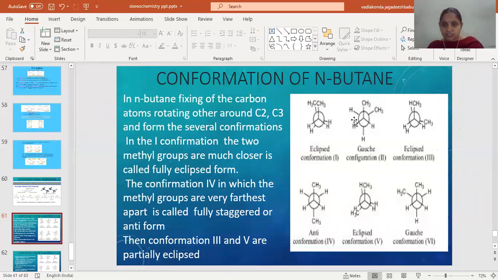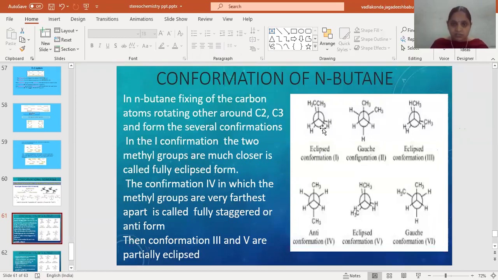If we rotate the bond by 60 degrees, then we will get the second configuration, and if the second configuration is rotated by one more 60 degrees, we will get the third form. One more 60 degrees, fourth, and one more 60 degrees, fifth, one more 60 degrees, we will get the sixth form.